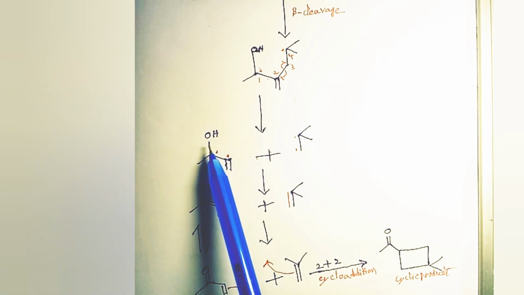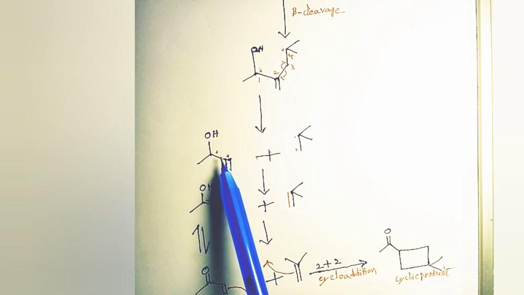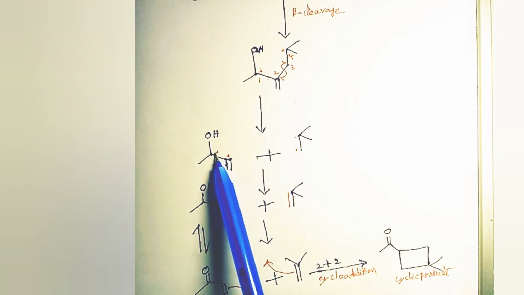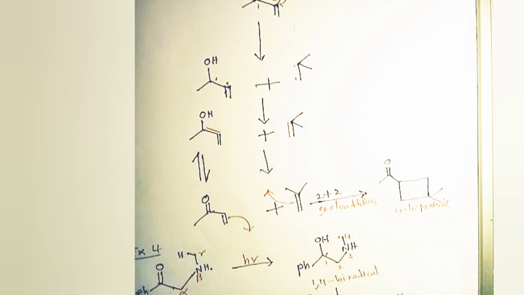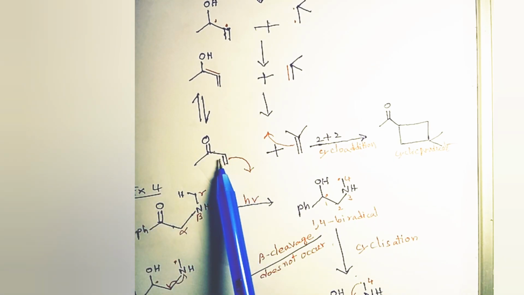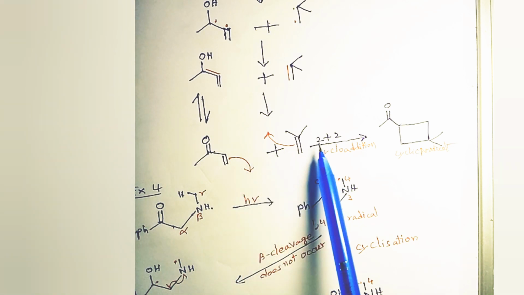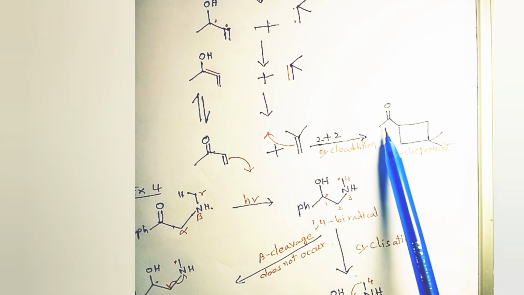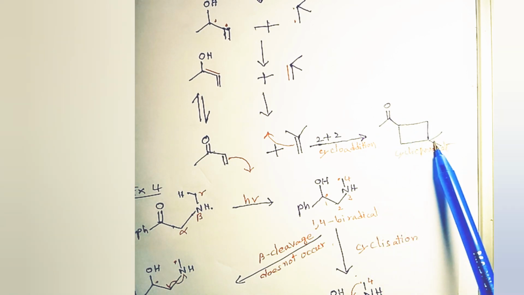Now the OH CH3 C will form a double bond here, and there is already a CH2 here, so it has a pi bond here. So a 2 plus 2 cycloaddition takes place, forming a cyclic product like this. So this is a cyclic product.